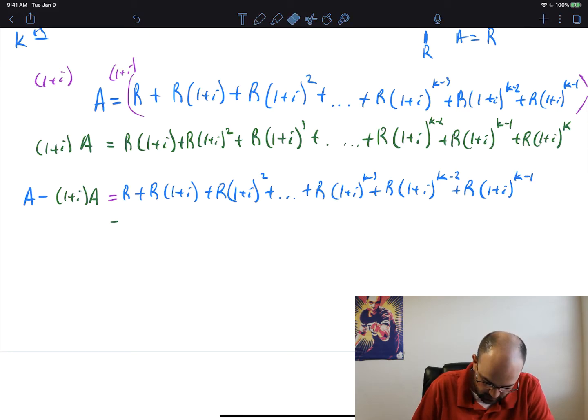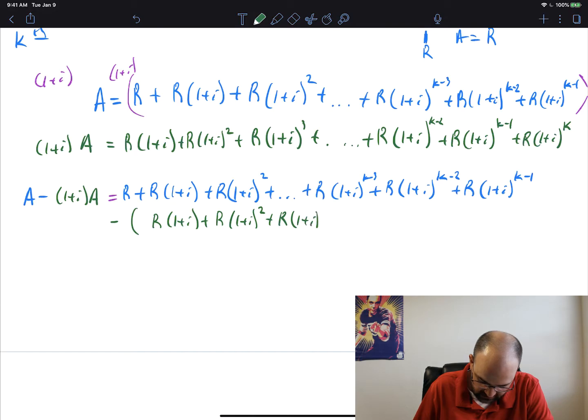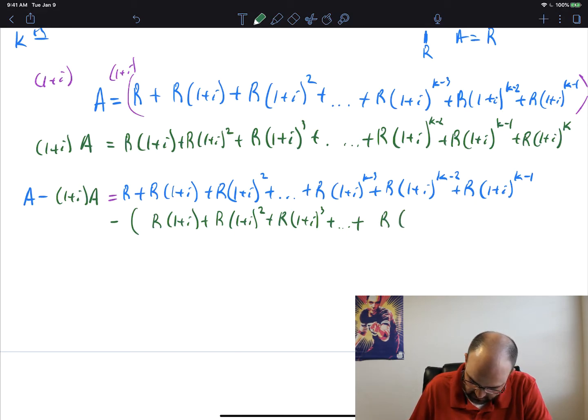So we have R times 1 plus I, and then, first of all, it's a big parentheses, plus the R times 1 plus I squared, plus the R times 1 plus I cubed, plus, well, sorry, there's the dot dot dot at this point, the ellipsis, and then the R times the 1 plus I to the K minus 2, plus the R times the 1 plus I to the K minus 1, and then plus the R times the 1 plus I to the Kth power. Good.